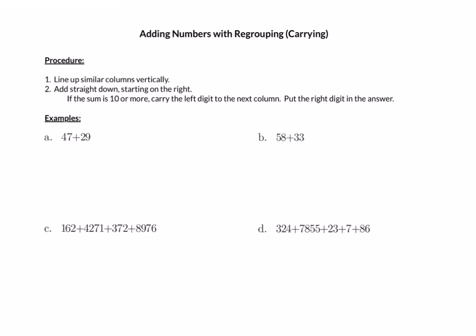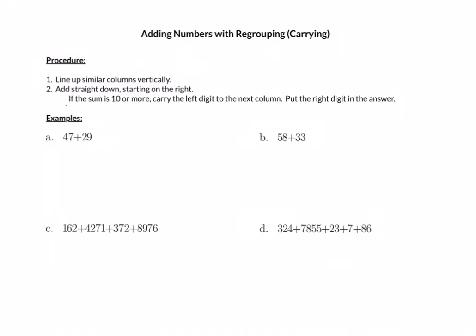We are going to add straight down, and for these problems, you do have to start on the right and move to the left. The main difference is if the sum is 10 or more, we are going to carry the left digit to the next column. We're going to put the right digit in our answer.